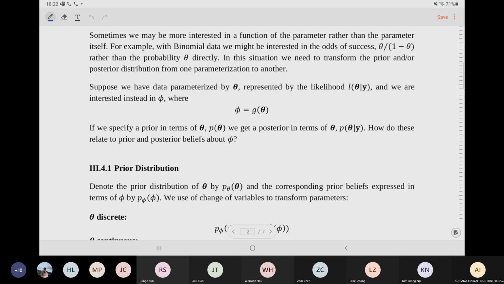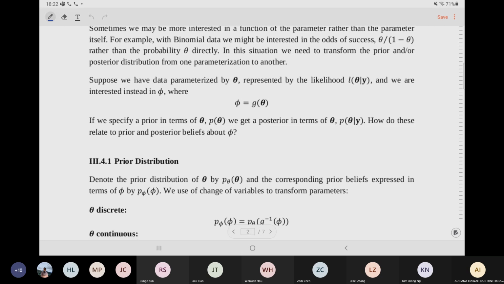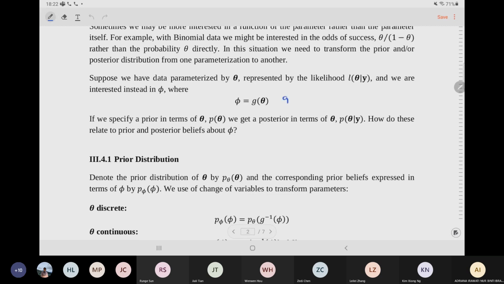Suppose that we have data and the parameter theta, and we have the likelihood, which is L of theta, and we are interested in phi. So phi is a function of theta, where g here is a function.